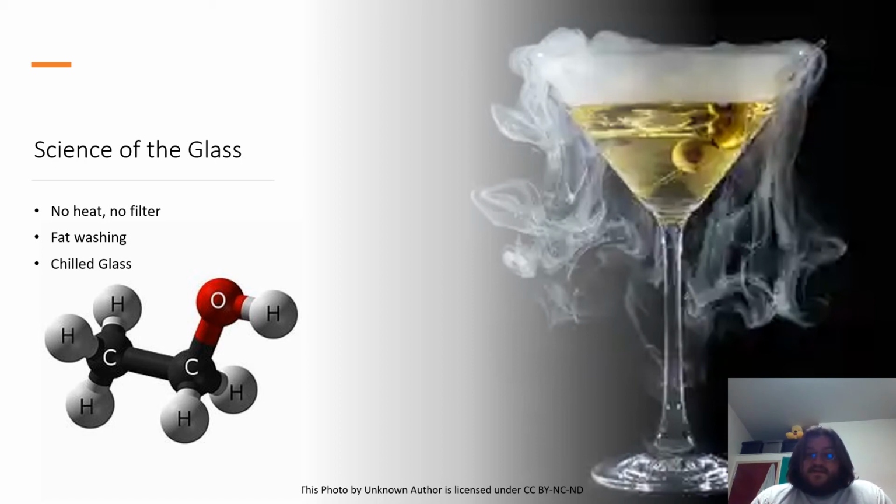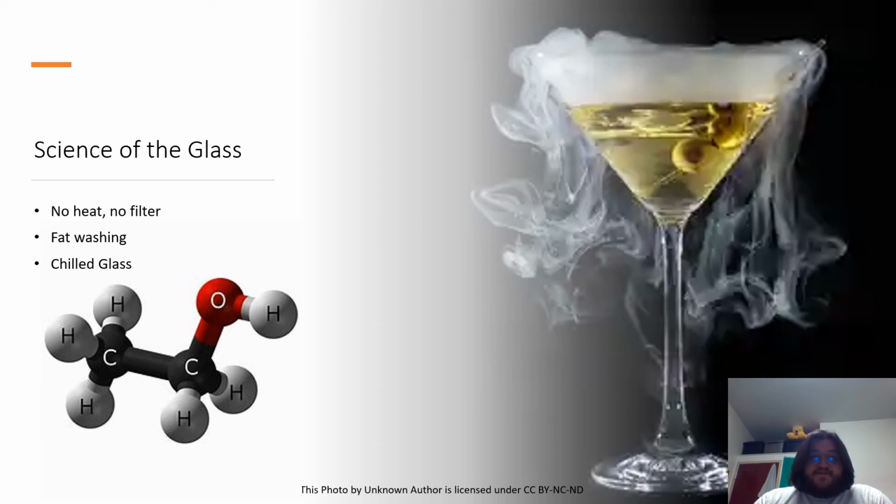What this does is it uses osmosis, where water wants to move from an area of low solute concentration to an area of high solute concentration. So the sugar pulls the juices out of the orange peel. This is in contrast to the heat and filter method, which involves the orange peel being cut up, heated, and then filtered out, which even then might produce some pulp.